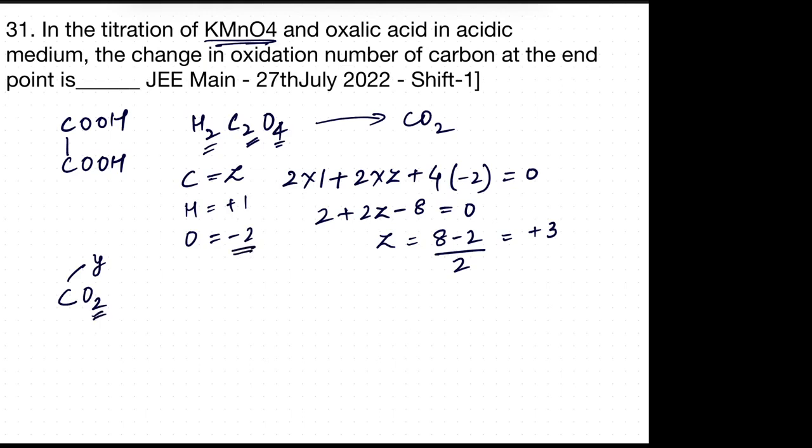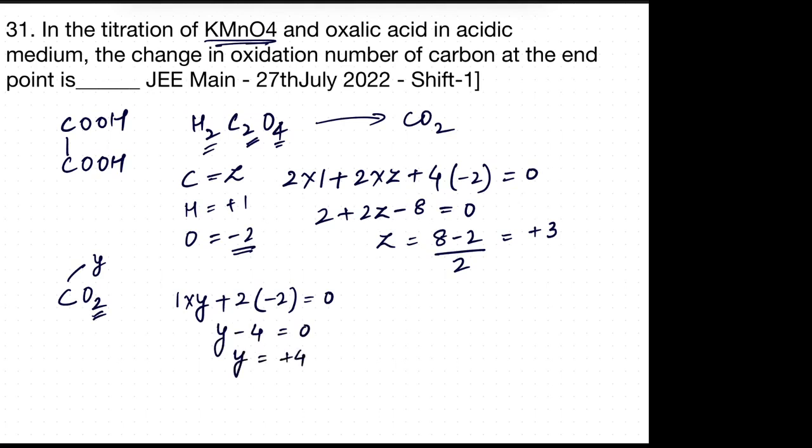So the oxidation state of carbon in carbon dioxide can be calculated as follows: there is one atom of carbon in each molecule of carbon dioxide, so 1 into Y, plus there are 2 atoms of oxygen in one molecule of carbon dioxide, so 2 into the oxidation state of each atom of oxygen, that is -2, and this is equal to 0. So Y minus 4 is equal to 0, or Y is equal to +4.